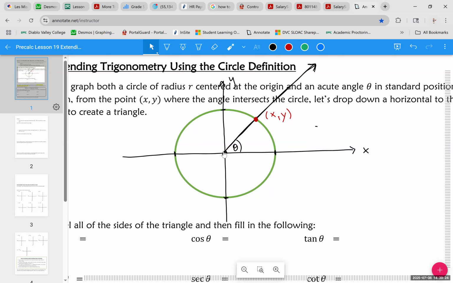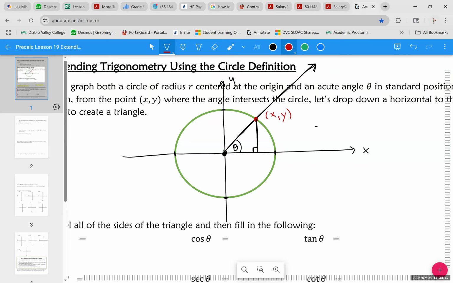Now, we're going to drop down this perpendicular line directly from that point so that this makes a right triangle. Okay. So now we have a theta inside of a triangle. It's a right triangle. And if you look carefully, if the coordinates of this point are x and y, doesn't that make this length right here x?